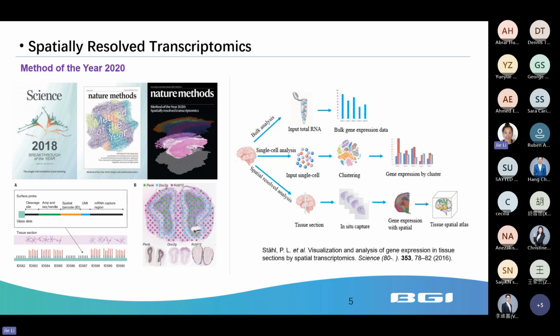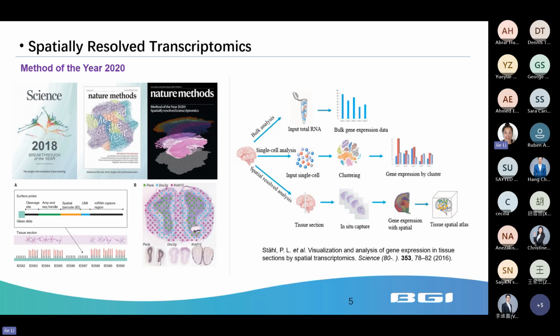So from this perspective, biology research can more accurately interpret the communication between cells, the structure and function of the tissue, and understand the mechanism of disease occurrence.